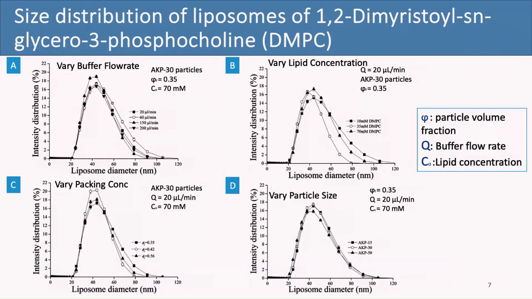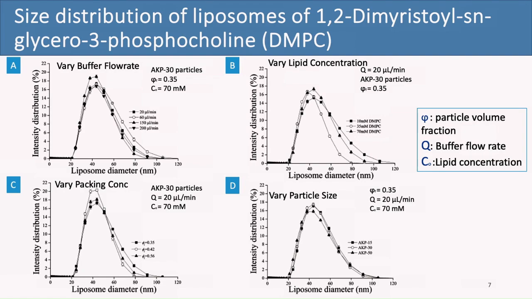Okay. And so at that time, Sundar did these experiments where he varied the buffer flow rate. So once you have these lipids inside the packed bed, you start flowing the aqueous buffer. We varied the buffer, we varied the lipid concentration, we varied the packing concentration. We also varied the particle size.